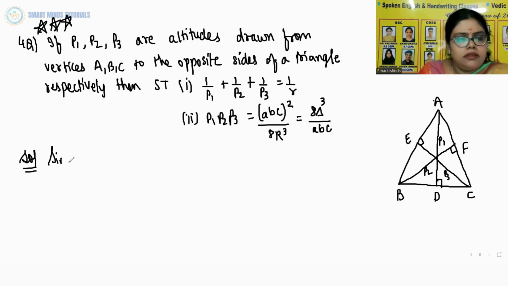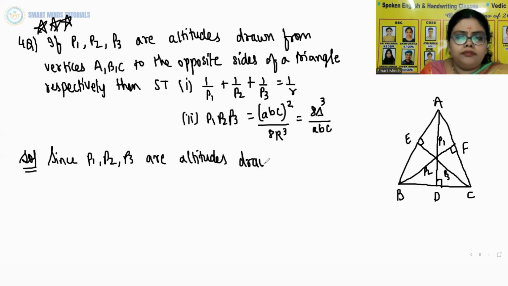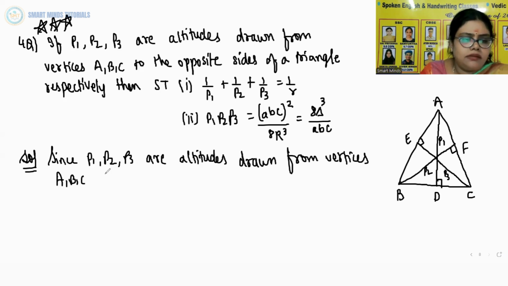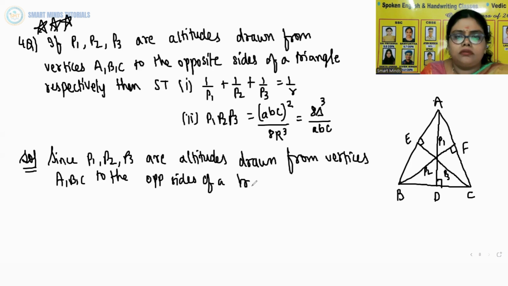Now let us see, since P1, P2, P3 are altitudes drawn from vertices A, B, C to the opposite sides of a triangle respectively, the area of the triangle is half base into height.